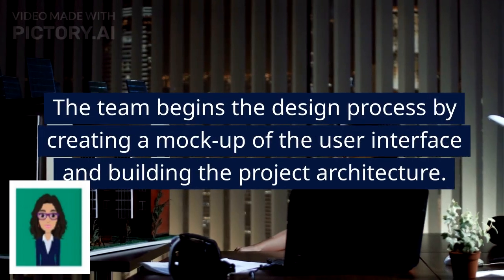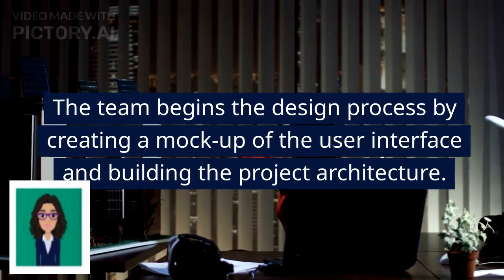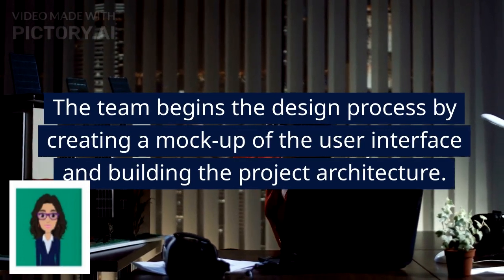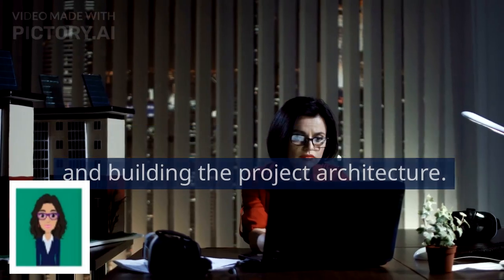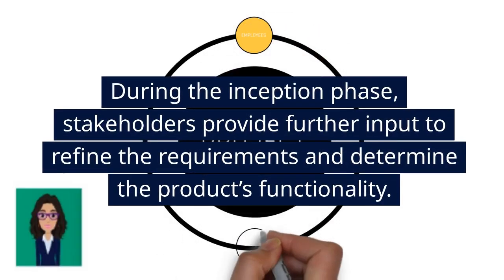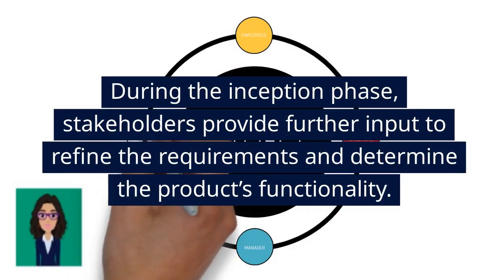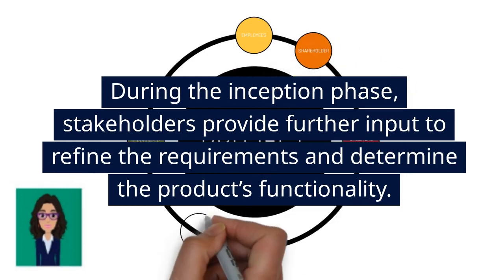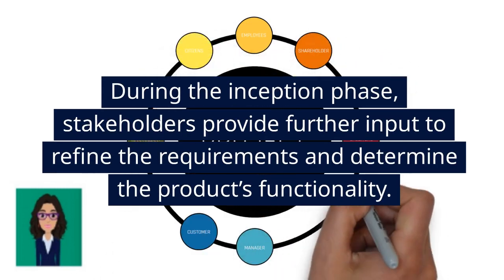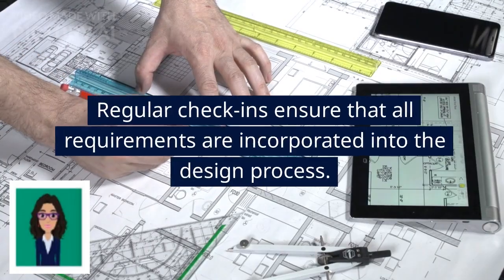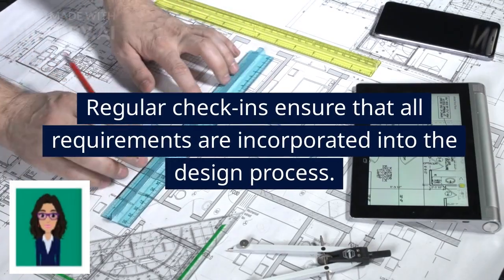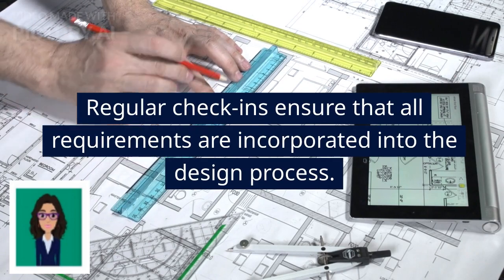The team begins the design process by creating a mock-up of the user interface and building the project architecture. During the inception phase, stakeholders provide further input to refine the requirements and determine the product's functionality. Regular check-ins ensure that all requirements are incorporated into the design process.